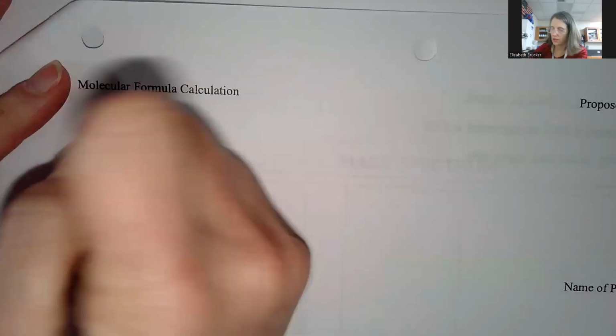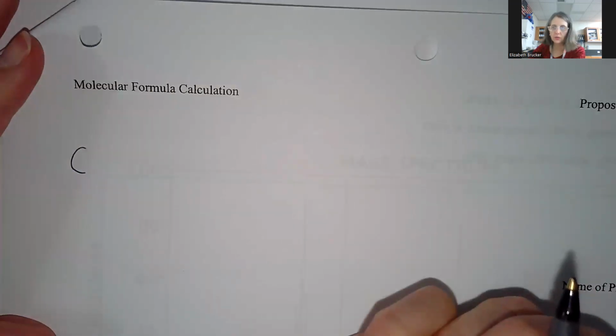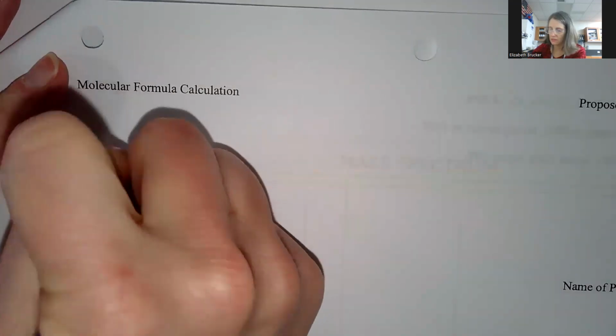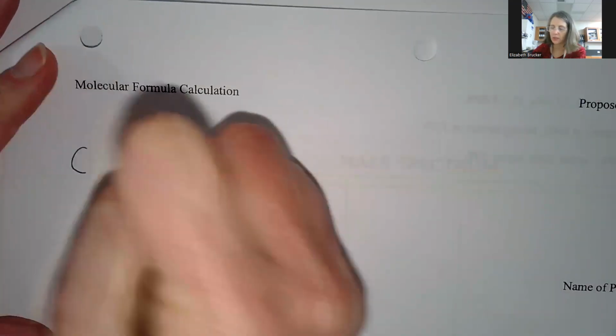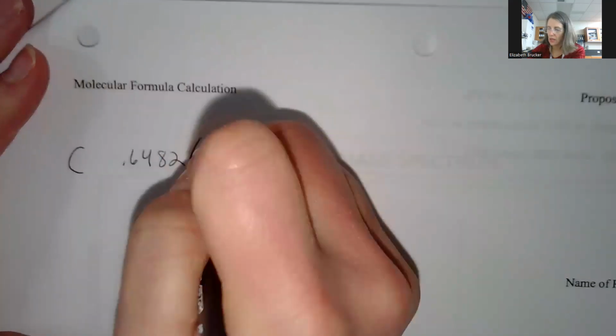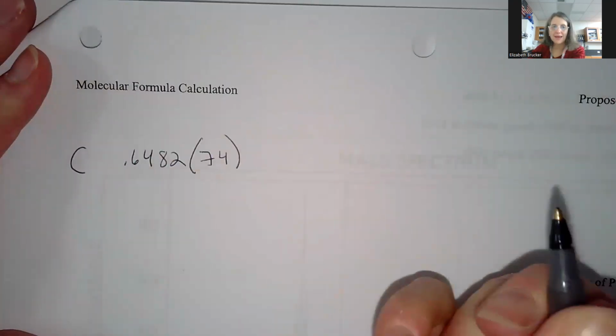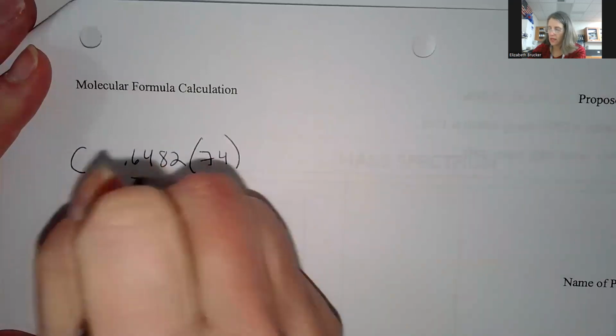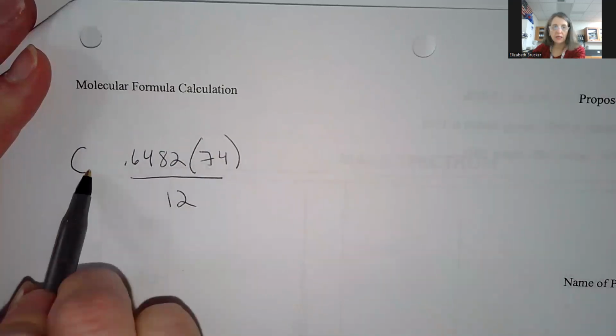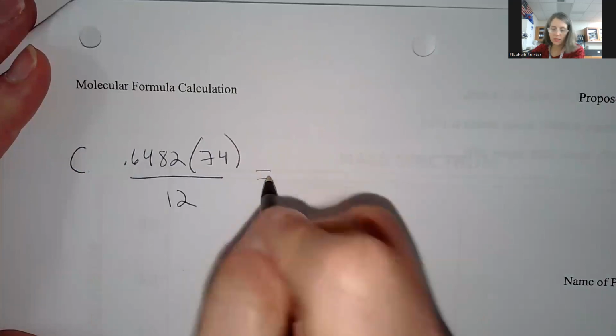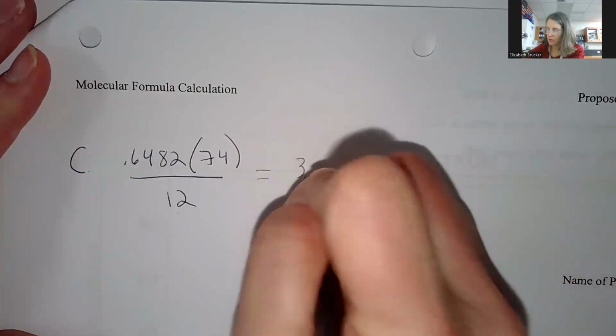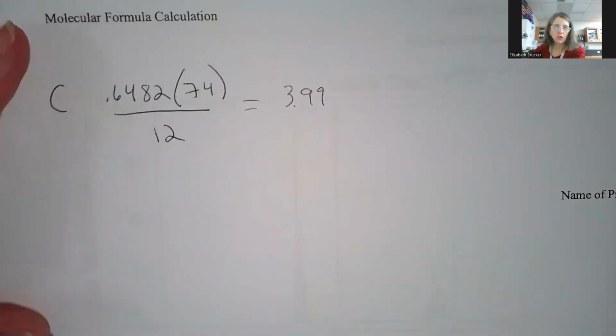I know the carbon is 64.82%, so I'm going to take 0.6482, converting my percentage to a decimal, multiply it by the overall mass, which is 74, and then divide it by 12 because it is carbon. When I multiply that all out, I get about 3.99 for my carbon.